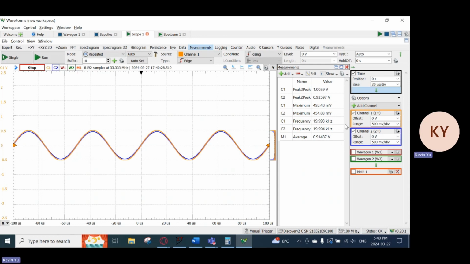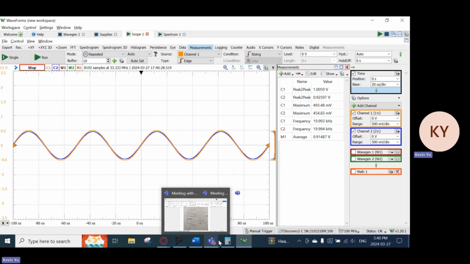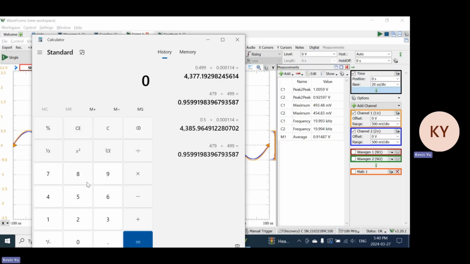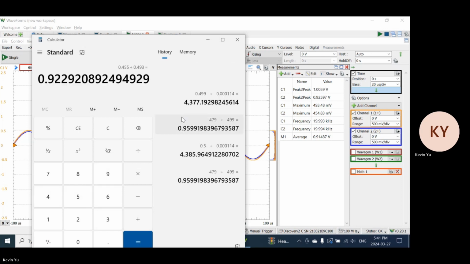If I do the maximum of C2 over C1, I will get a gain of around 0.9. Let's just do that real quick to check. As you can see here, it's around 0.9.